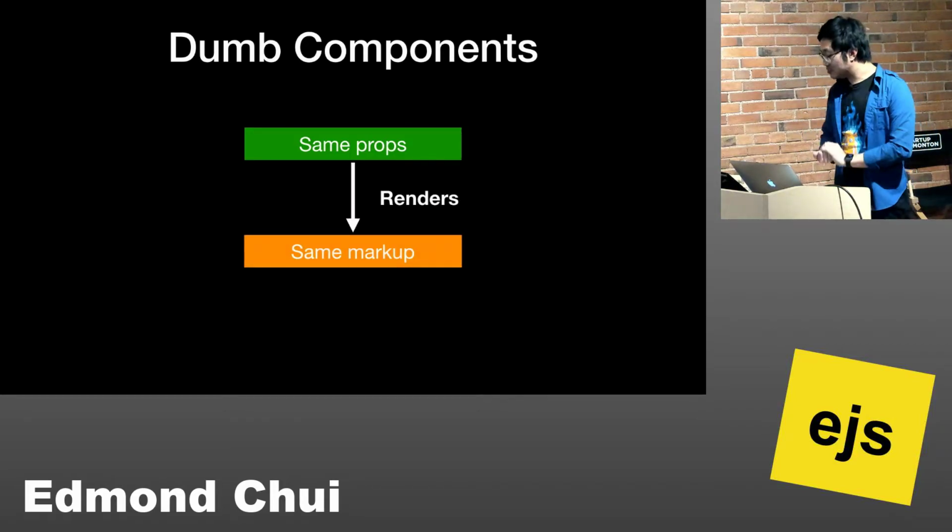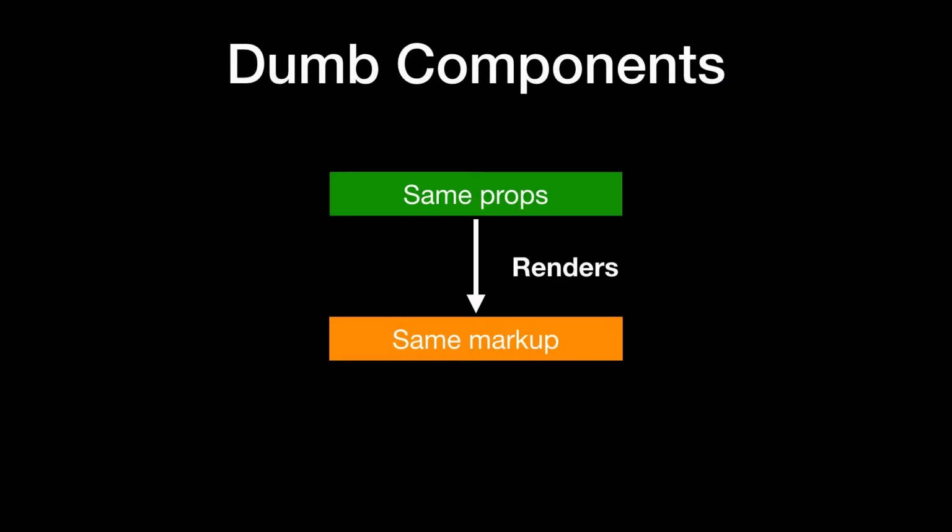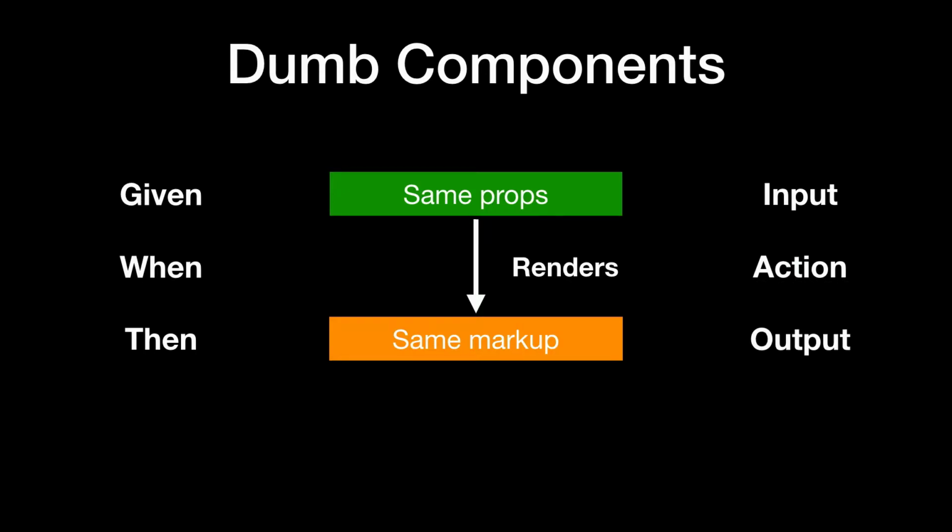So our dumb component will render the same markup given the same props. So no state, no reading from network, no reading from global variables. And that maps perfectly with the characteristics of well-designed unit tests: the trio of given, when, then, and input, action, output.